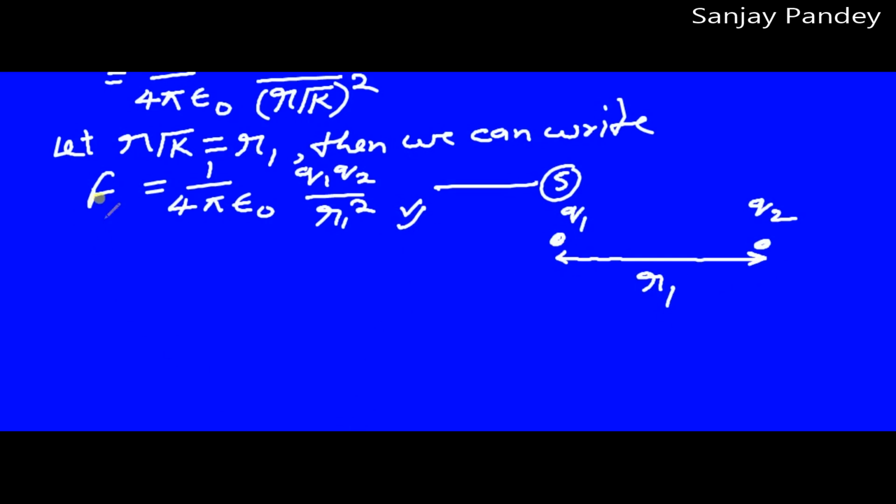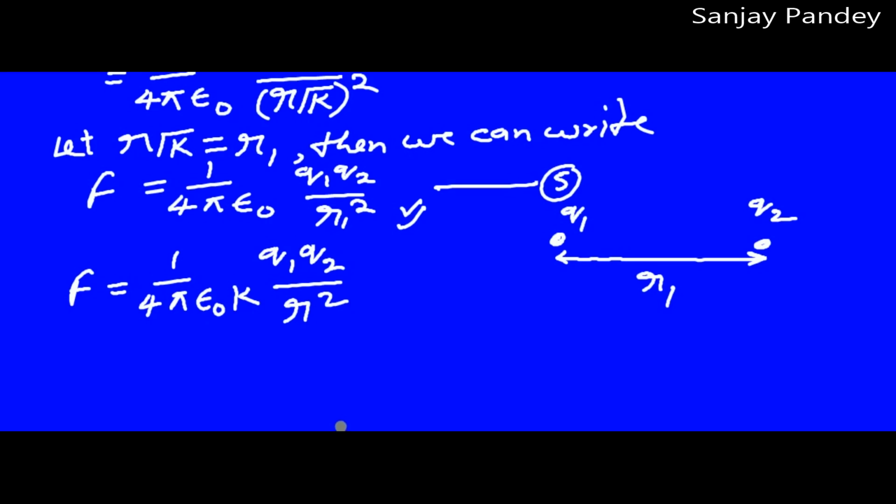But this F is also equal to 1 upon 4 pi epsilon naught k q1 q2 upon r square.